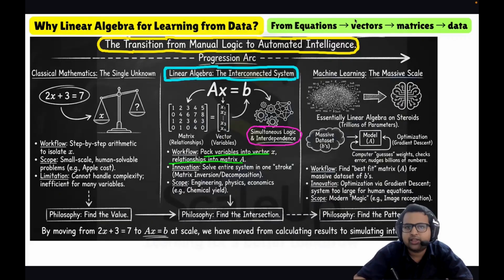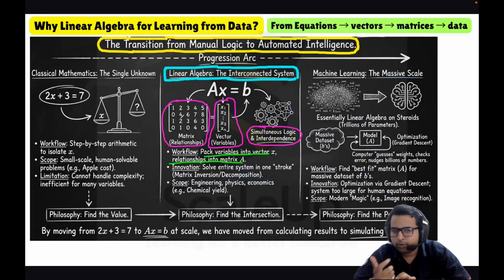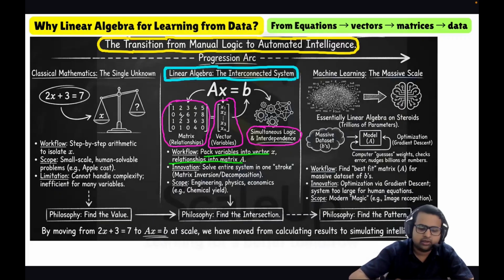As you can see here, on the right side of the equation, we have a vector representing a set of variables, and on the left side we have a matrix which is holding the relationship between the variables. These numbers are like the weights or numerical measure of the relationship between the variables.